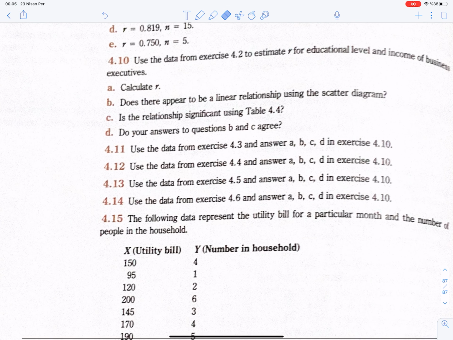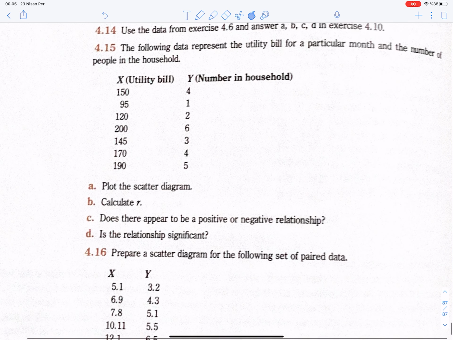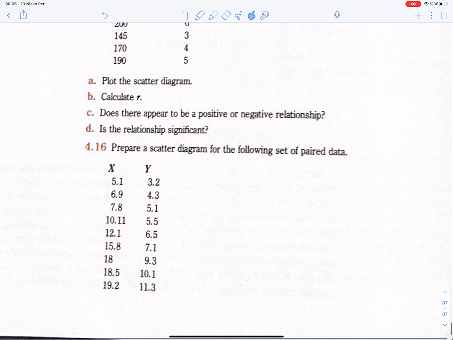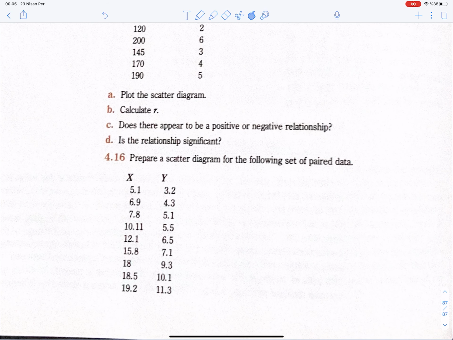Read all these exercises yourself, and if you find something hard, you can contact me, definitely, for the correlation analysis.